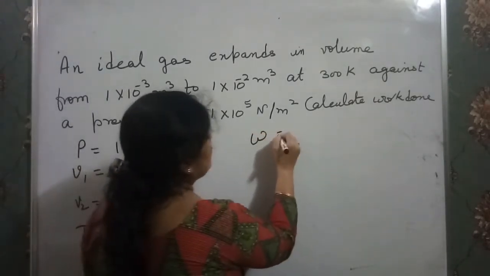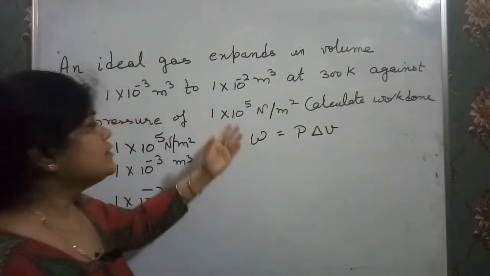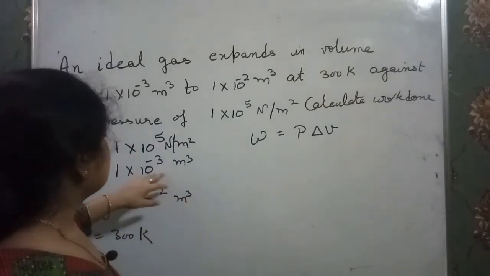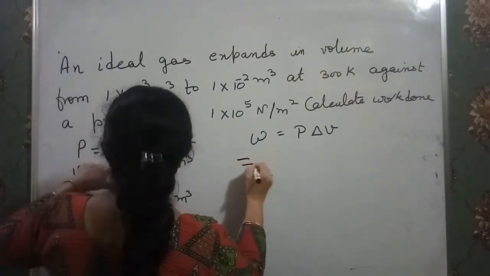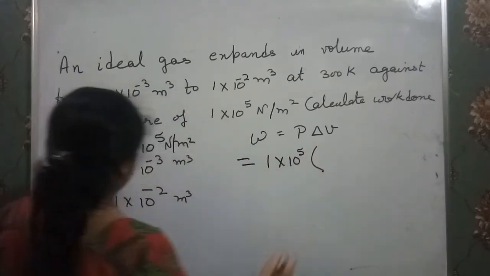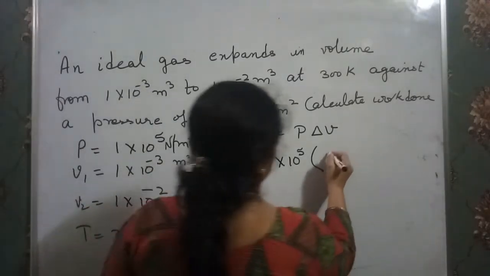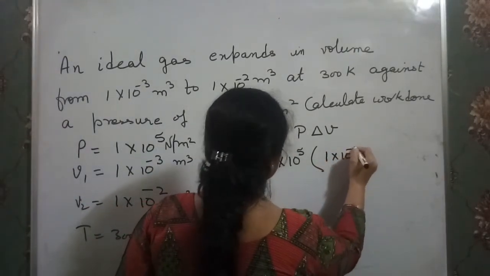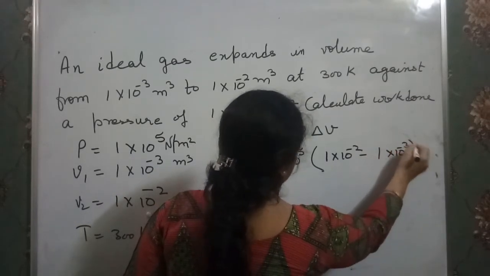So work done is equal to P delta V. There is no need of using the temperature. So for the pressure we write 1 into 10 to the power 5, and for volume V2 minus V1, that is 1 into 10 to the power minus 2 minus 1 into 10 to the power minus 3.